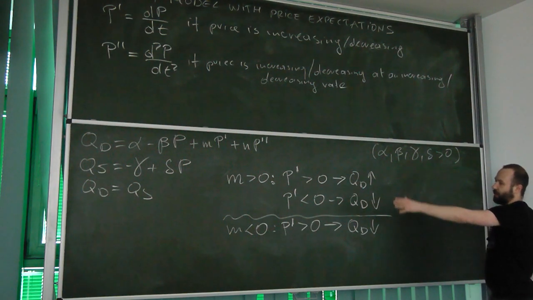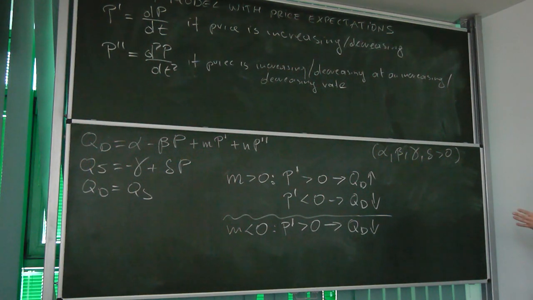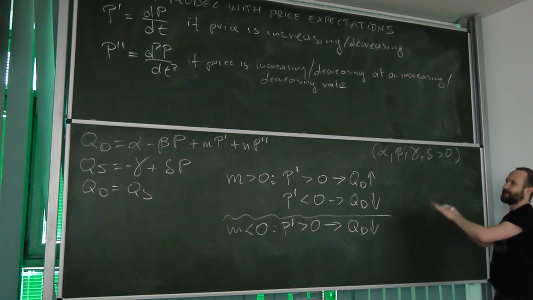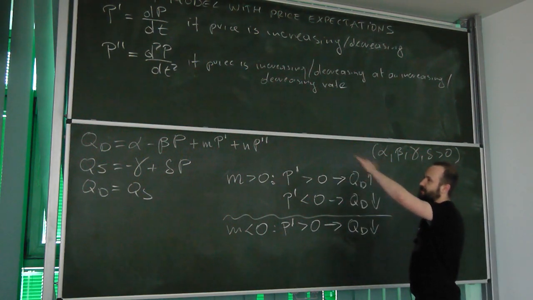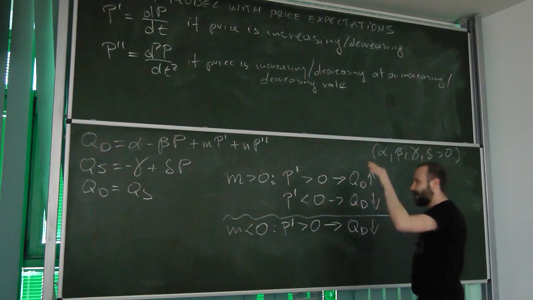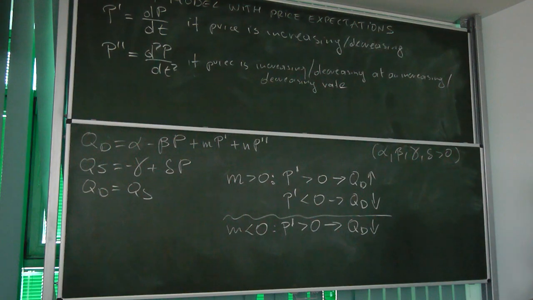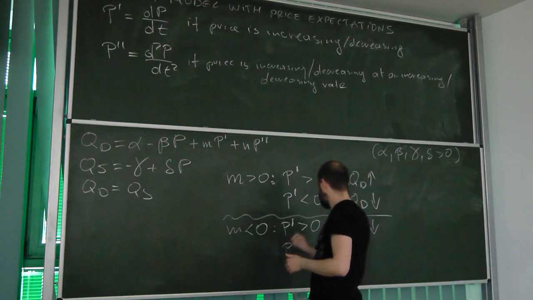Look, in this case, people expect price reversal in the future. So now they purchase less because in the future they expect that the price will reach some limit and then it starts to fall, and this is going to be the perfect time to make their purchases. And of course it also works in the opposite direction.